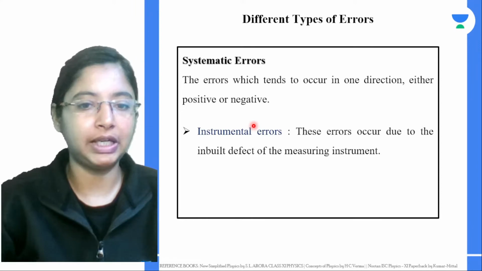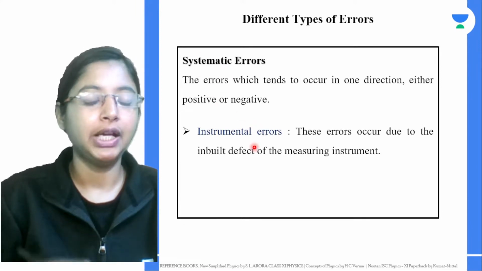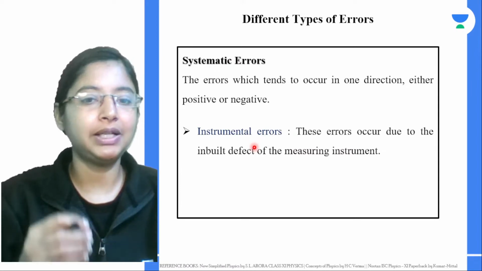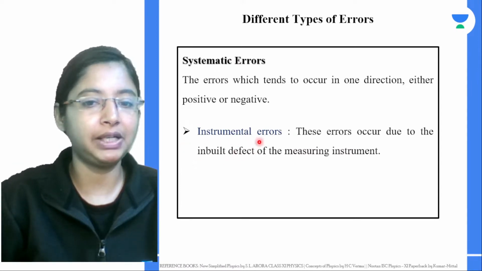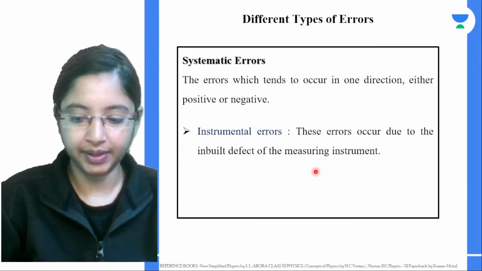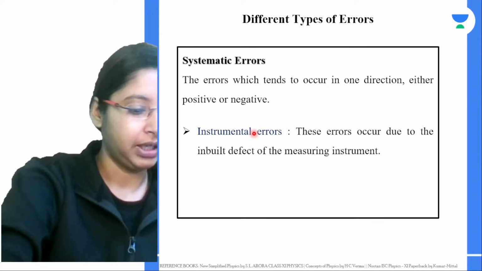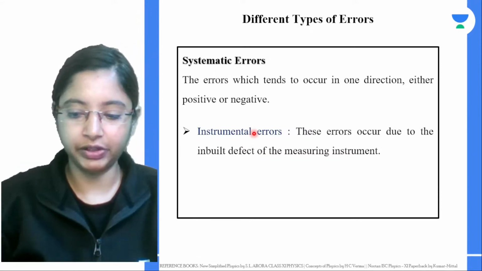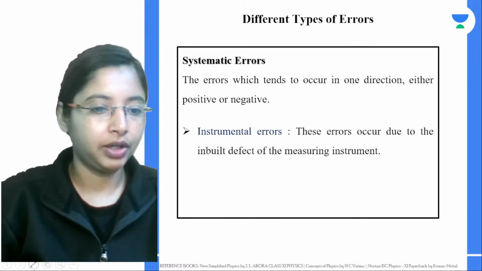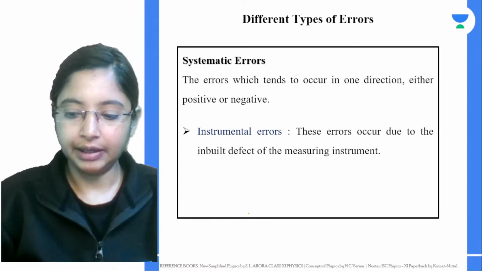One is instrumental errors. Under systematic errors we have instrumental errors. Instrumental errors are nothing but an inbuilt defect of the measuring instrument. Then we say that is an instrumental error. If you can think of any example, let's say you have your vernier caliper.